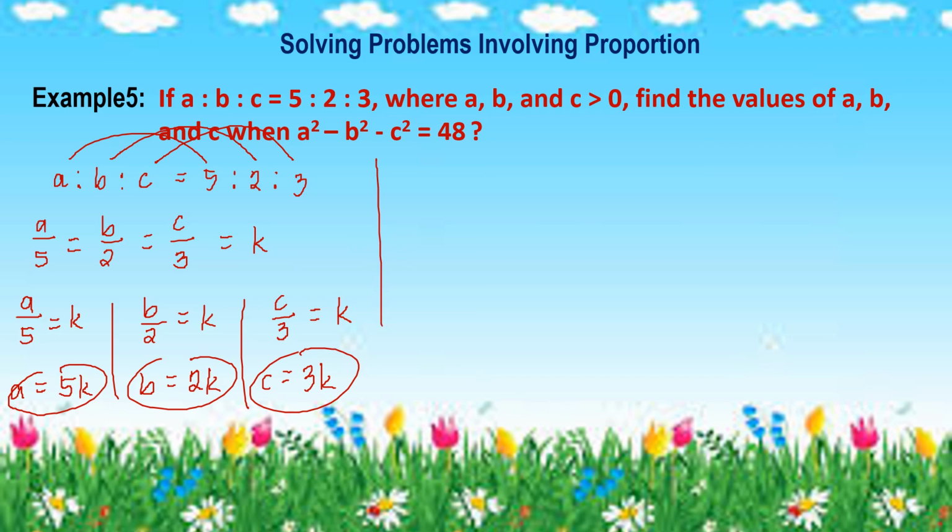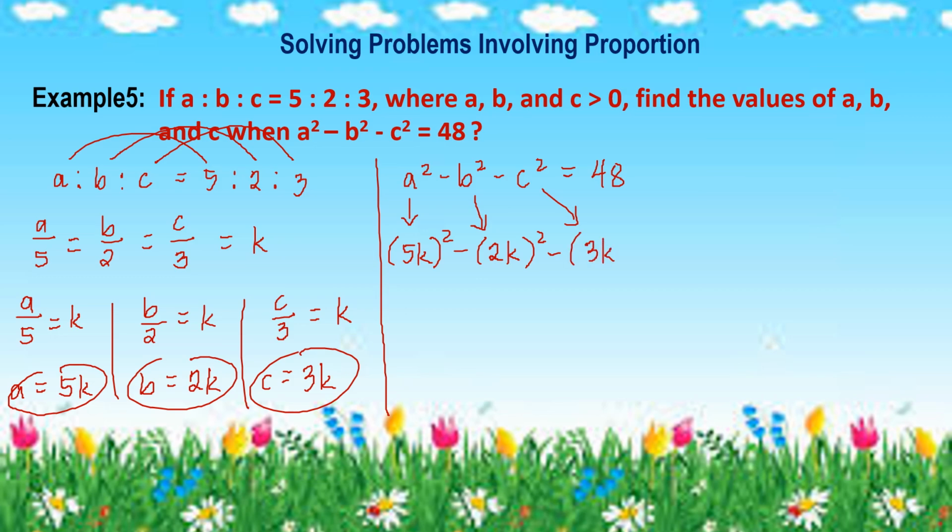Now in the given, a squared minus b squared minus c squared is equal to 48. We will substitute 5k to a, 2k to b, and substitute 3k to c. So this is 5k raised to the second power minus 2k raised to the second power minus 3k raised to the second power is equal to 48.